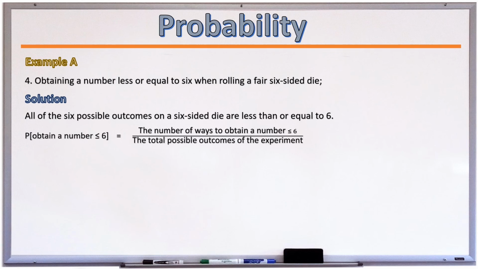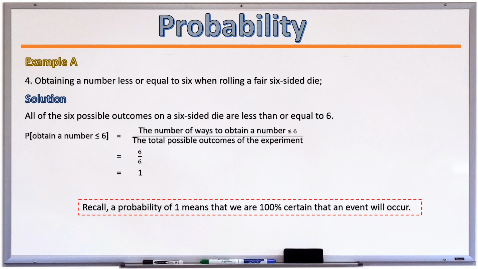Therefore, the probability of obtaining a number less than or equal to 6 is equal to 6 divided by 6, which is equal to 1. Recall, a probability of 1 means that we are certain that the event will occur. This makes sense because we know with 100% certainty that when we roll a die, the outcome is sure to be less than or equal to 6.